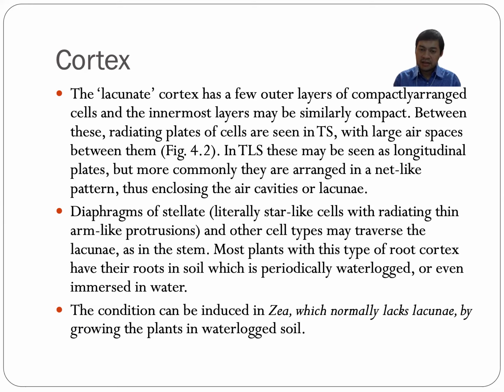It is a star-like cell with radiating, thin arm-like protrusions. Other cell types may traverse the lacunae, as in the stem. Most plants with this type of root cortex have their roots in soil which is periodically waterlogged or even immersed in water. We can find this condition in Zea, which normally lacks lacunae, by growing the plants in waterlogged soil.